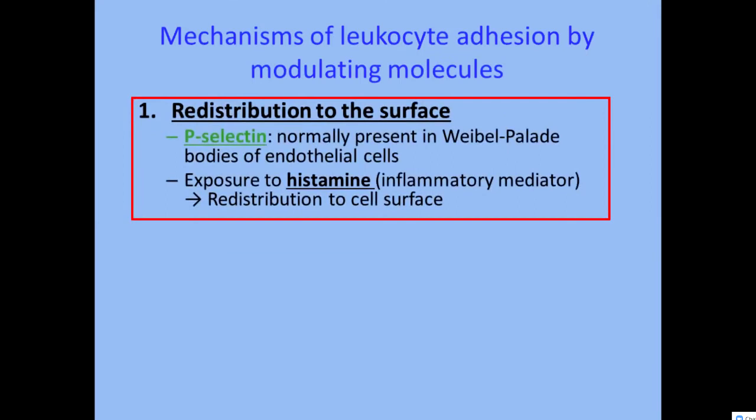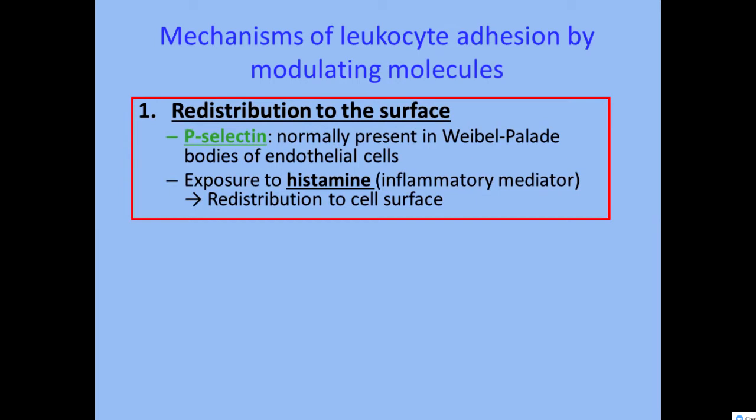Redistribution to the surface: P-selectin is normally present in Weibel-Palade bodies of the endothelial cells. These Weibel-Palade bodies are present over the endothelial cells and they contain the P-selectin. P-selectin is nothing but the seal of the Saudi consulate.